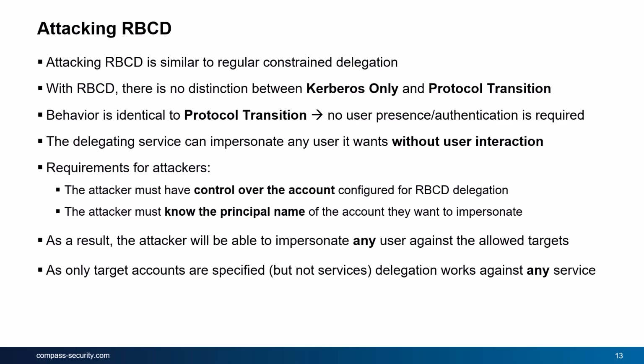And since, as we've learned before, we don't specify any target services in resource-based constraint delegation, only allowed accounts, the delegation works against any service on the allowed target. So that could be HTTP or LDAP or MS SQL or whatever else is operated on the account.